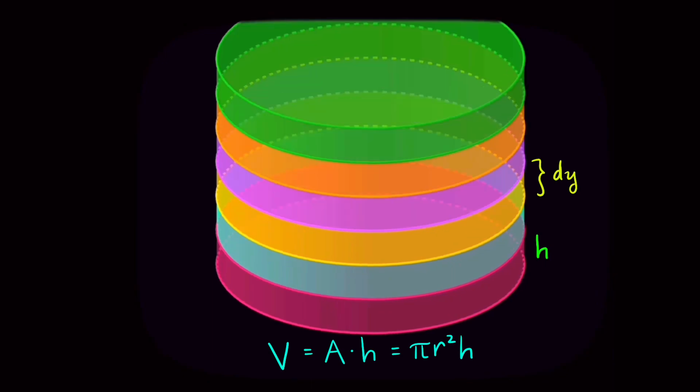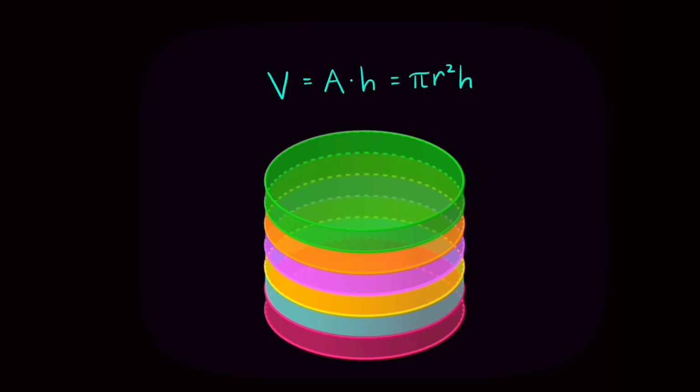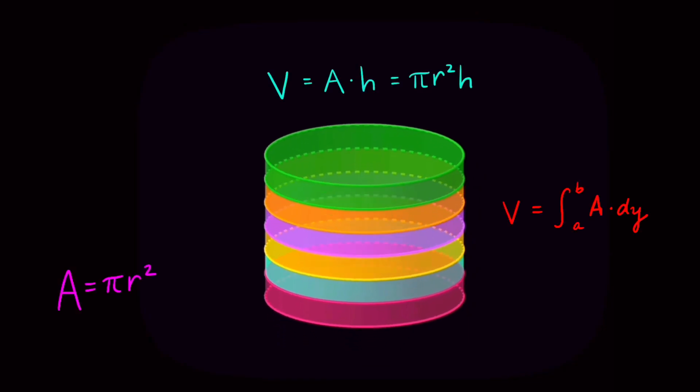Now, if we think of stacking disks on top of each other, we can get a sense of how integration will be used to calculate the volume using the disk method.